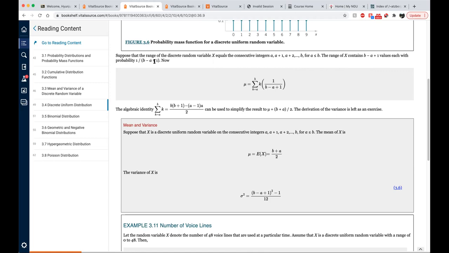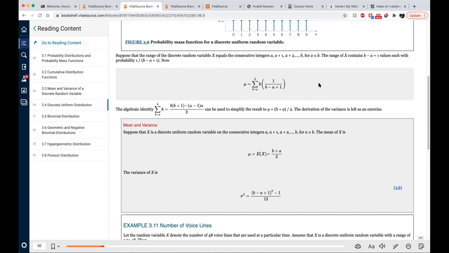We assume that the random variable X takes consecutive integers, so the number of outcomes in the range a comma b is b minus a plus 1. Then the sum over k equals a through b of k times 1 over b minus a plus 1.